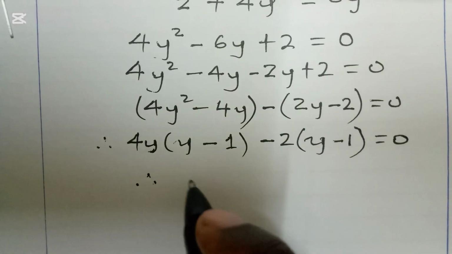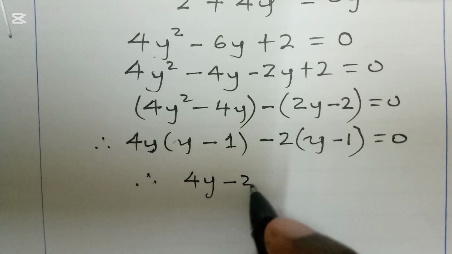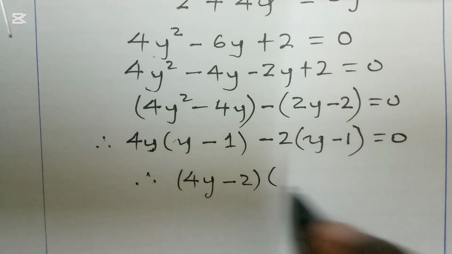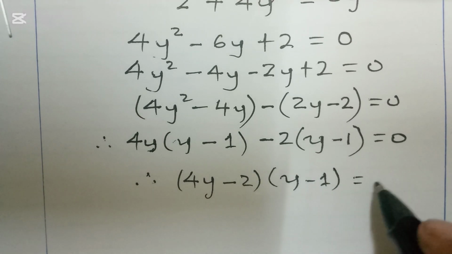Therefore our factors are 4y minus 2 and y minus 1 equals 0.